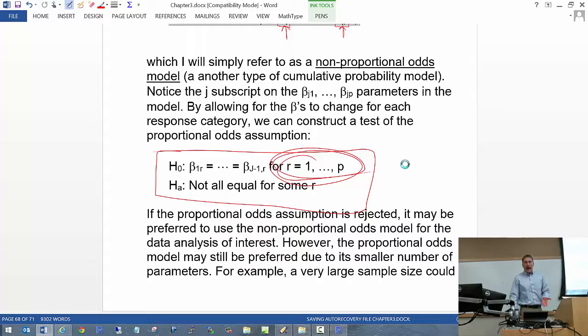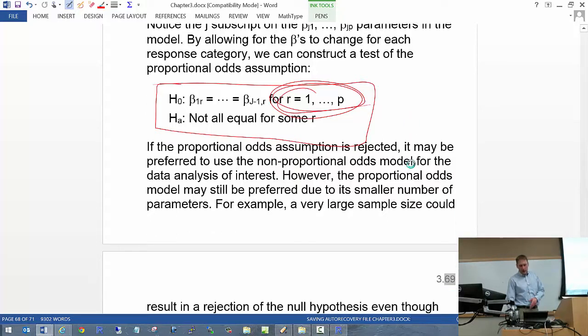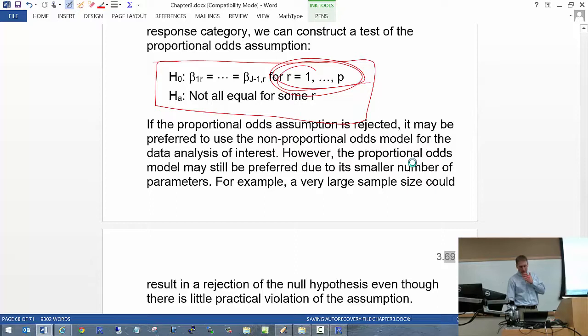Okay. However, there are some issues with using these non-proportional odds models. First of all, even though you reject H0, you may still want to use the proportional odds model. The reason gets down to an issue that exists with hypothesis testing.